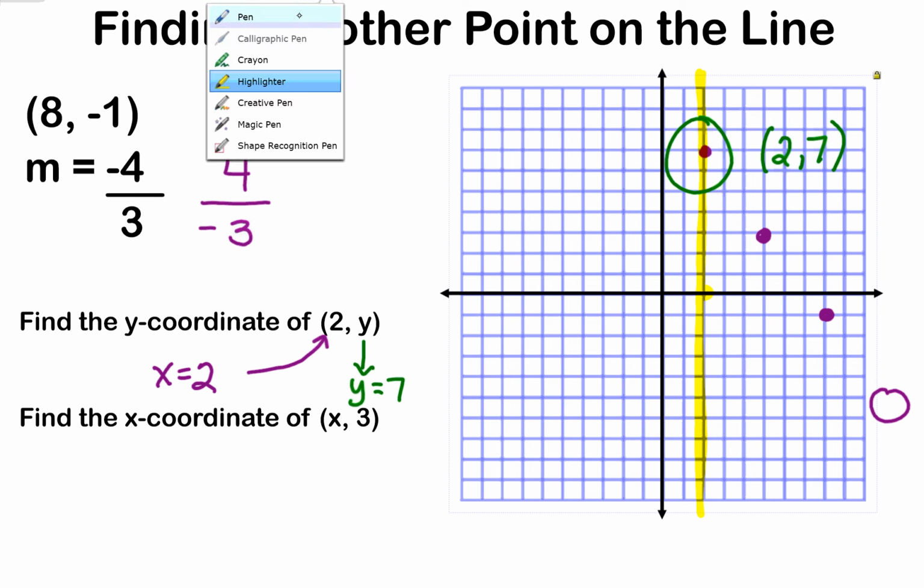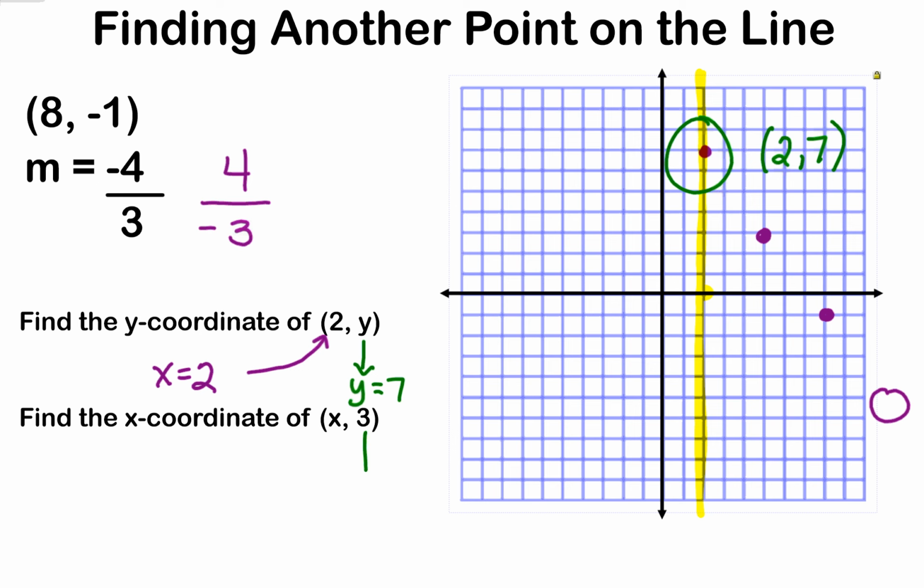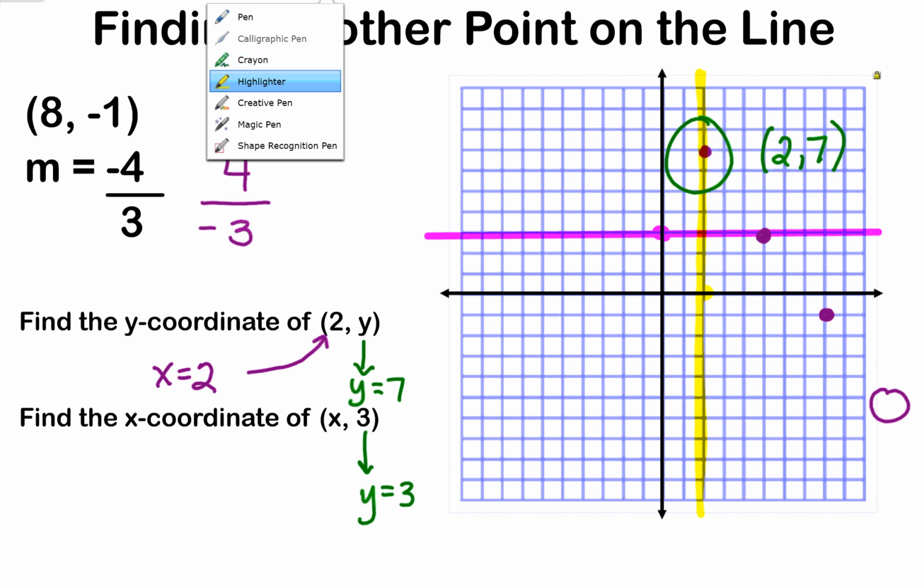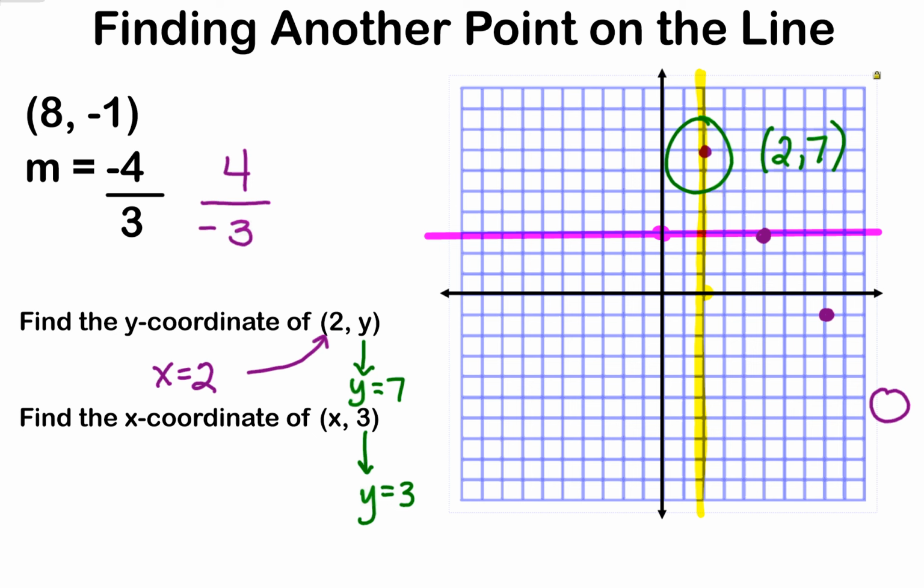But now I know that my y is equal to 3. So I'm going to highlight a y value of 3. And I know that every point along this line has a y value of 3. So I just need to find the one that fits my slope right here.